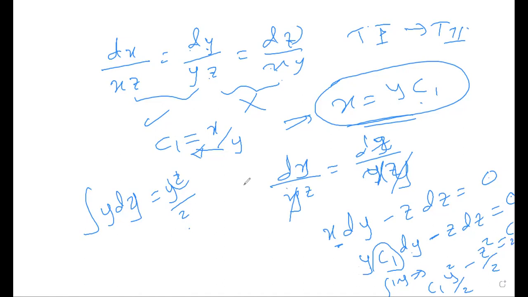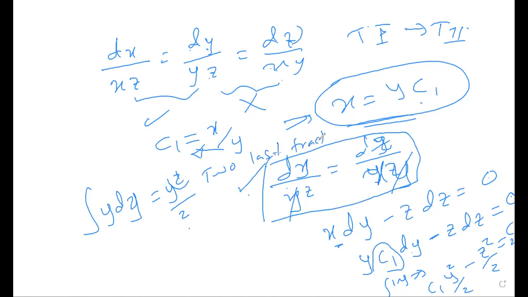So the same thing as type 1 I'm doing. I'm taking again my last two fractions. But without this substitution, I can't solve. Therefore, I am substituting from my earlier C1.